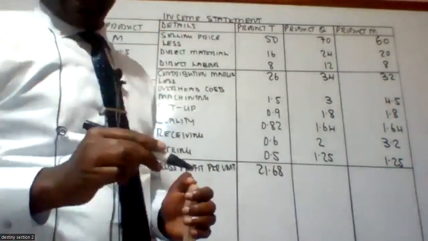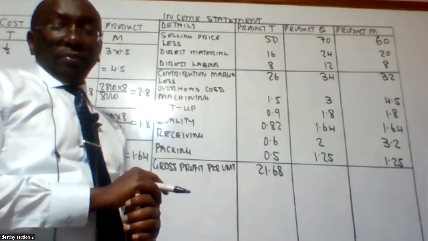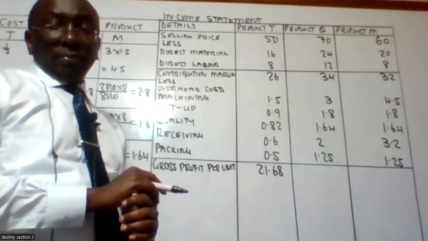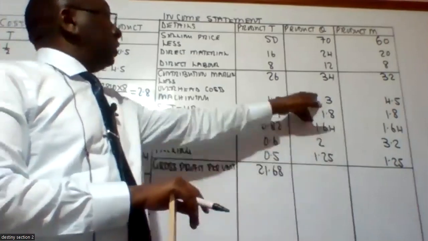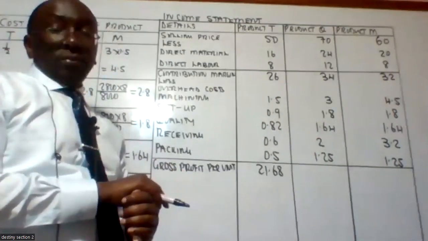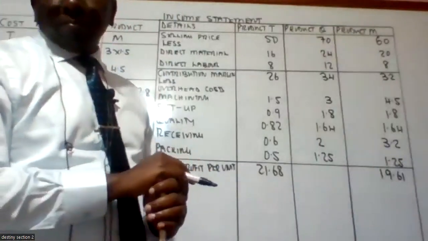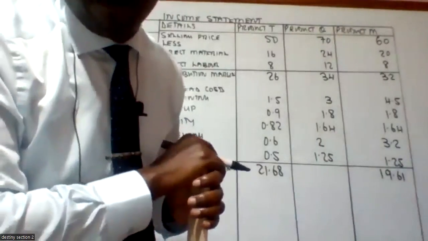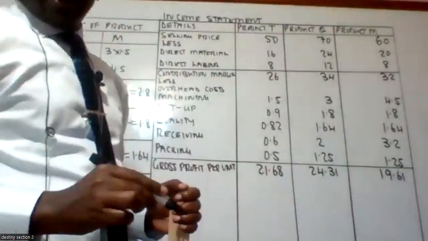Let's go to the next one. We are subtracting these costs from this contribution margin. M, 19.61. Q is 24.31. Good.